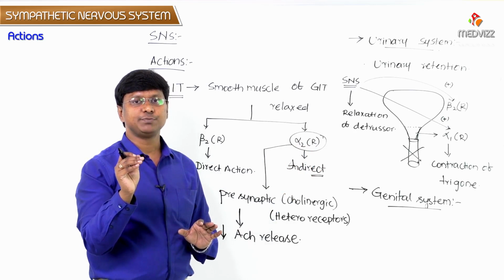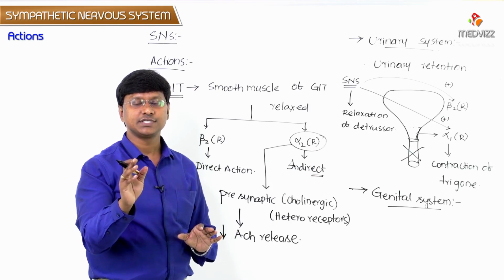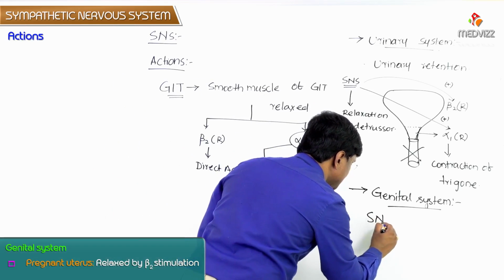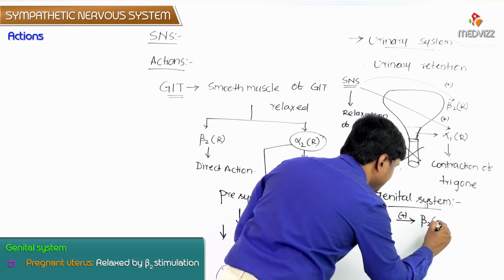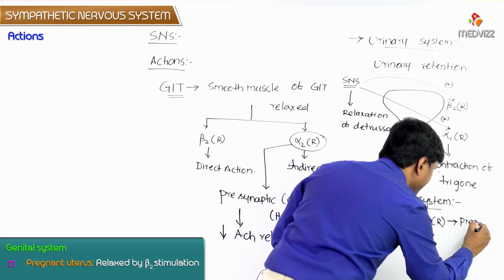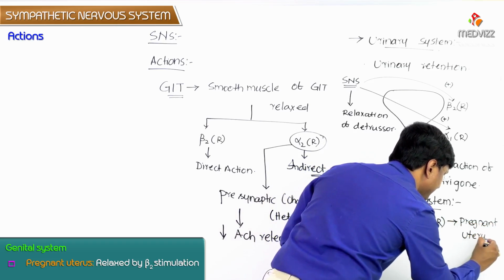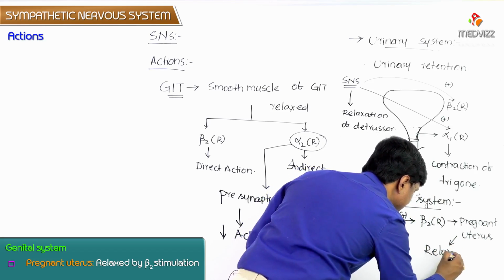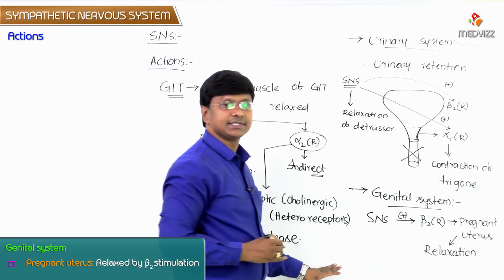Beta 2 receptor stimulation on the pregnant uterus, the sympathetic nervous system will cause the relaxation of the pregnant uterus.